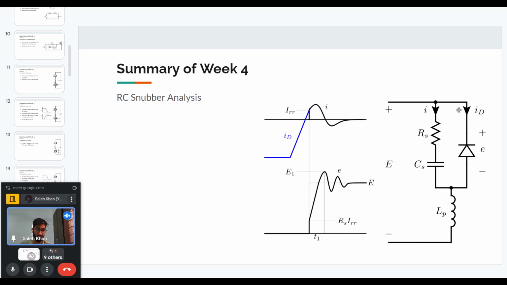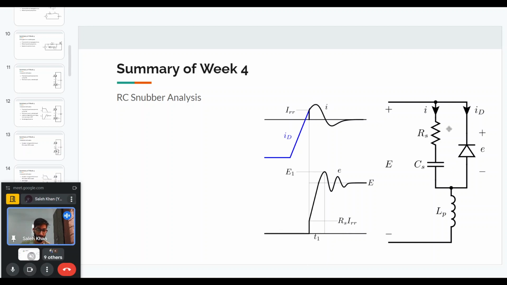So this IRR will actually transfer to the snubber, and then there will come some voltage across the device. The blue current is the device current, and at a certain point, the device starts blocking the voltage, and the current goes through the snubber, and the snubber current will start from IRR.